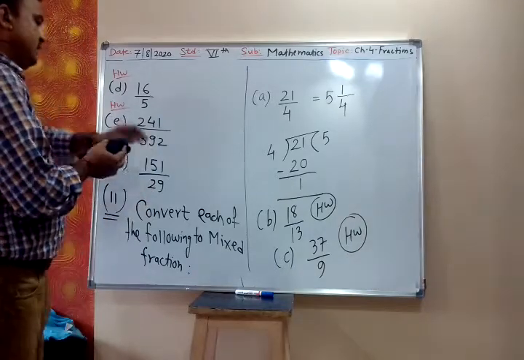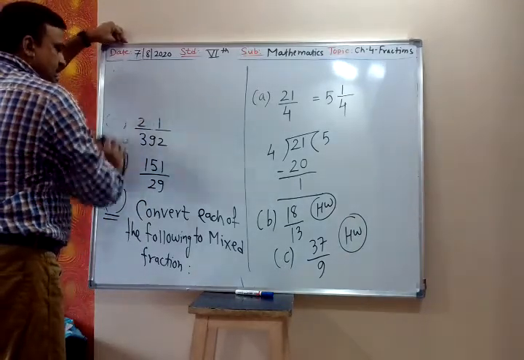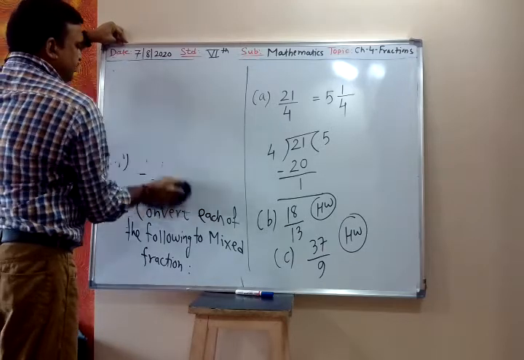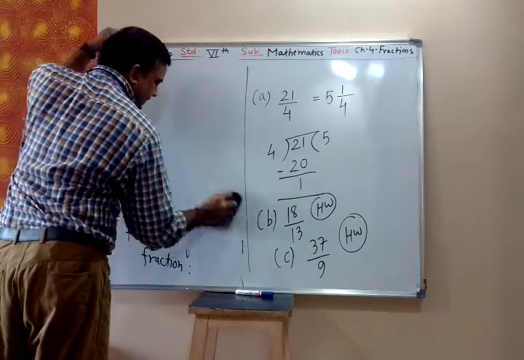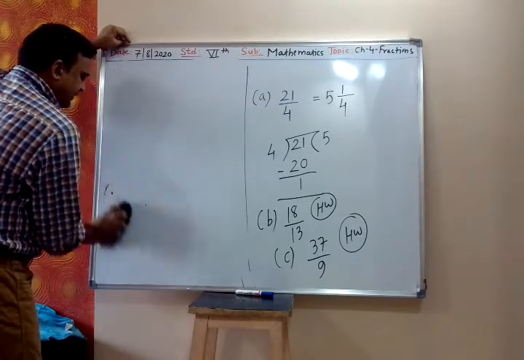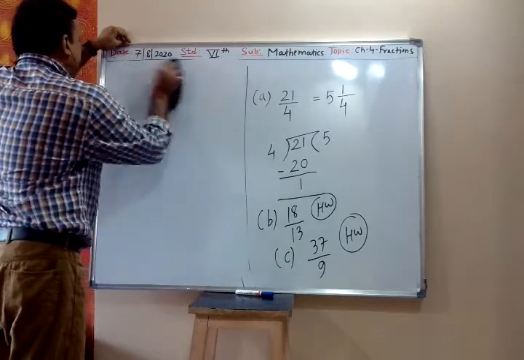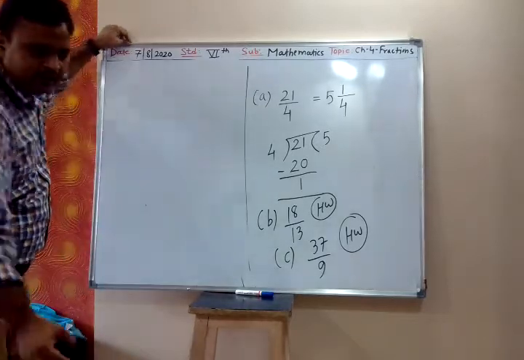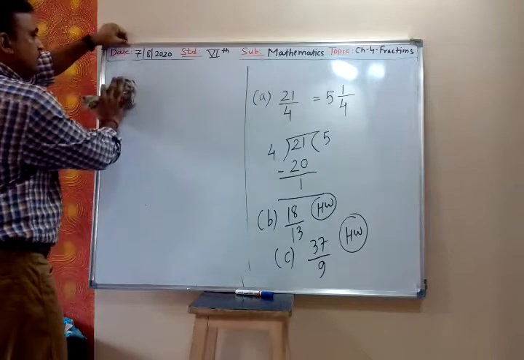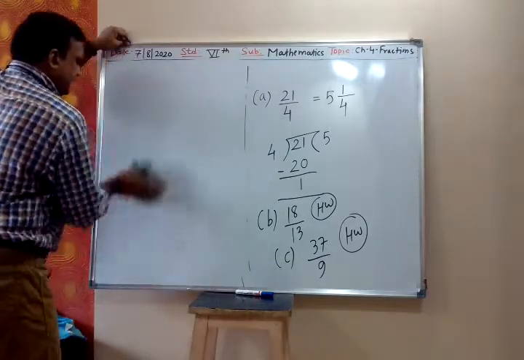You have to divide 37. See my dear, all are easy. To write mixed fraction, you have to divide numerator by denominator.